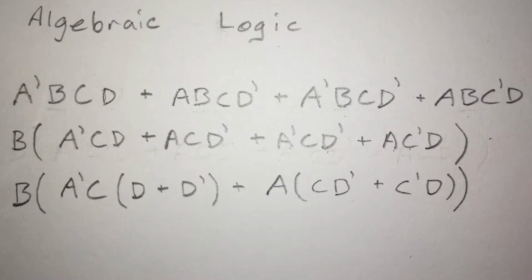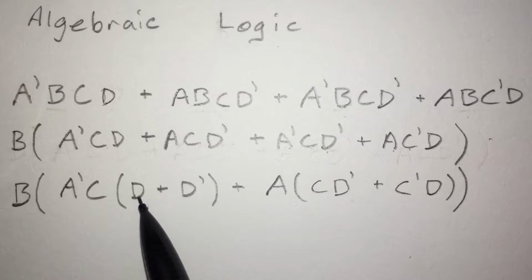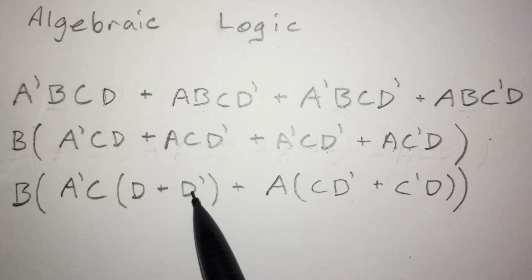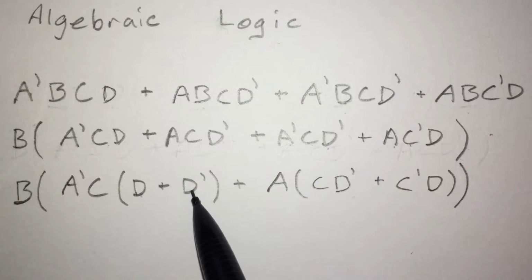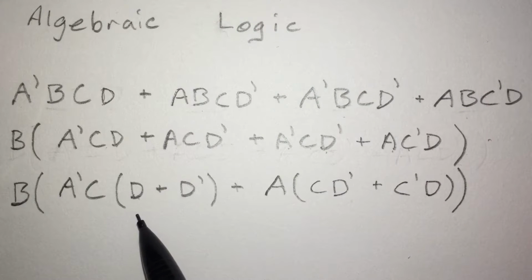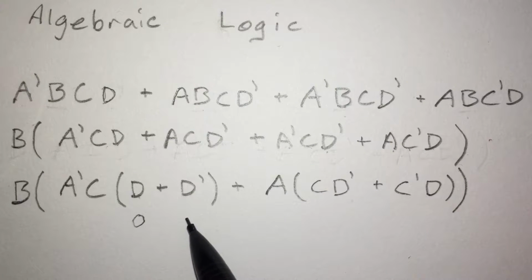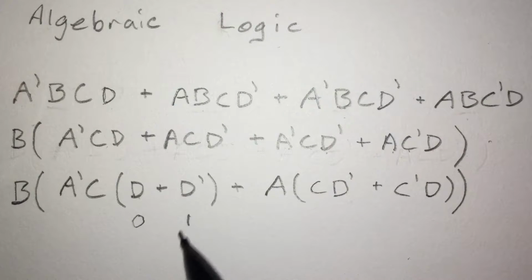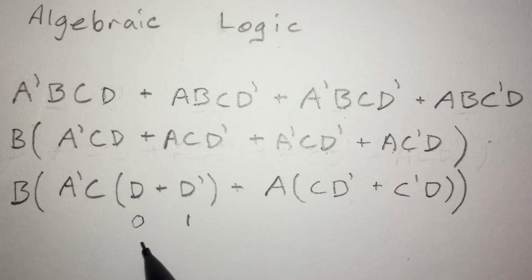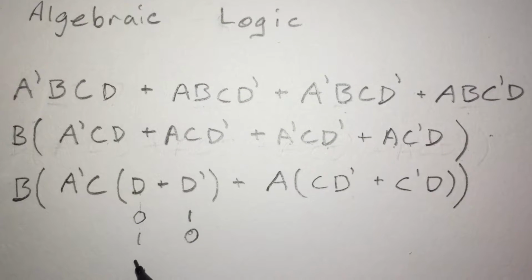Well, now we have a situation where we have a variable ORed with its negation. So whenever D is 0, D naught is going to be 1. And whenever D is 1, D naught is going to be 0.